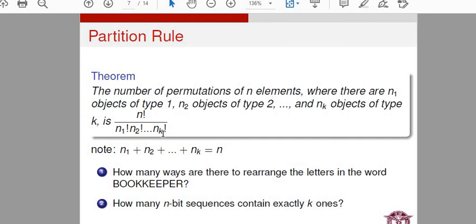Yeah, so these two questions we need to answer. Then we have a combination, right? Permutation is here. For the first question, the answer is: count B, count O, count K, count E, count P, and R, and calculate it.